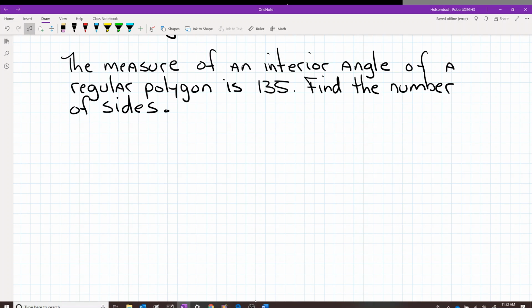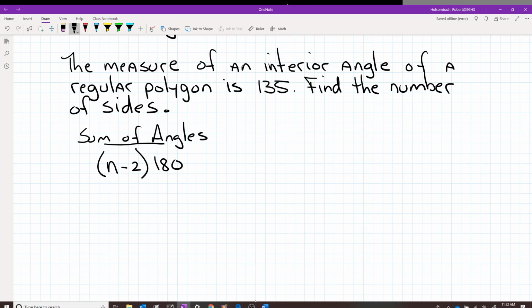Okay, yesterday we said that the sum of the angles for a polygon was equal to n minus 2 times 180. Agreed? Okay. So now, a regular polygon has all the same sides and all the same angle measures.